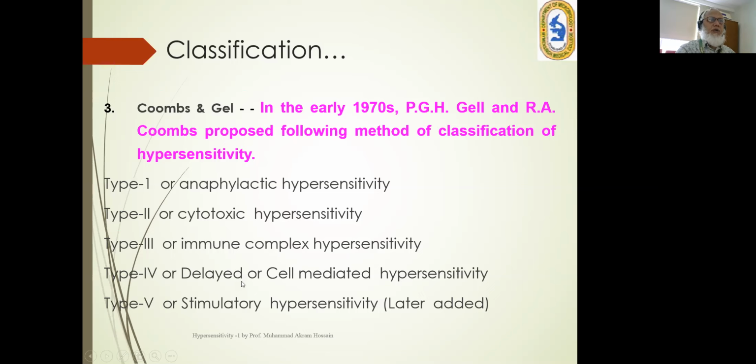And delayed or cell-mediated, delayed means it occurs after many hours, even after days, and a cell-mediated component is involved. And stimulatory hypersensitivity, instead of direct damage to the cell, there is stimulation of the cell, so it is known as stimulatory hypersensitivity.